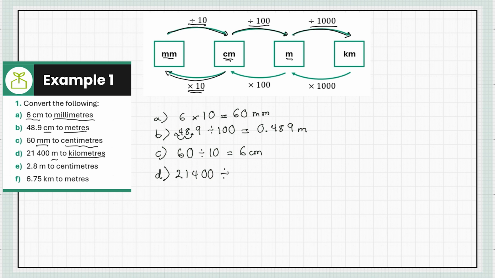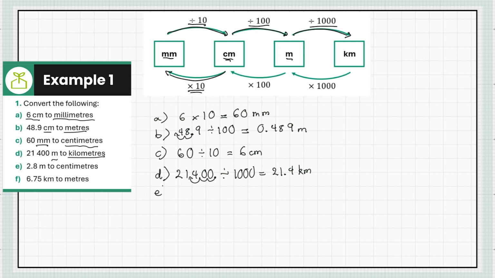So let's divide this by 1,000. Now we can do this by shifting the decimal place 3 places, and because there isn't a decimal place, we imagine that there's one here, and then we move it once, twice, and 3 times, so we should get 21.4 kilometers.